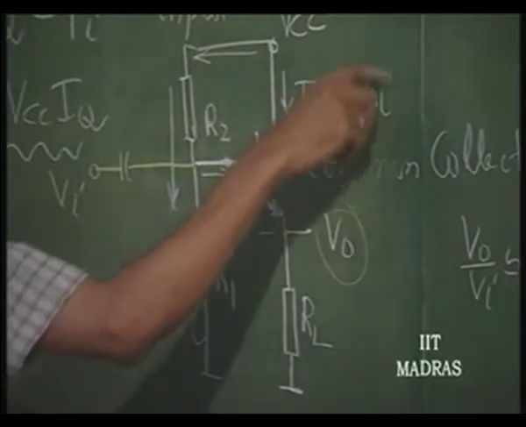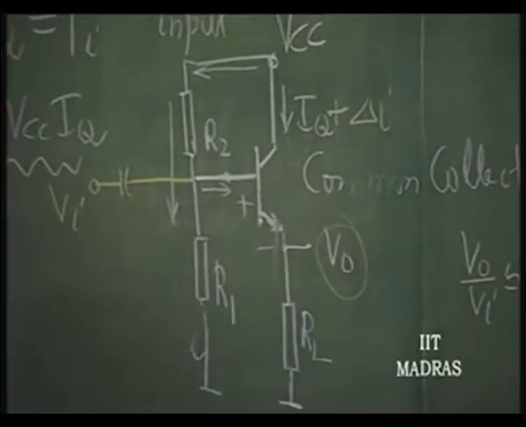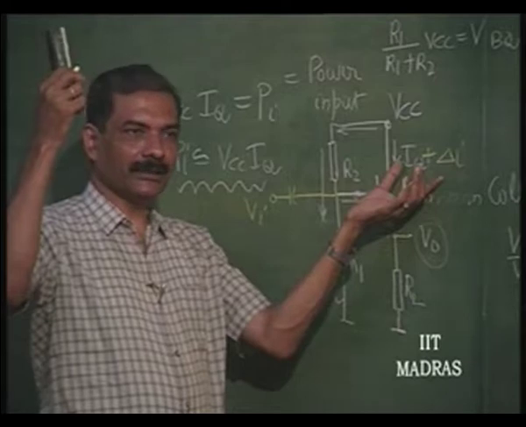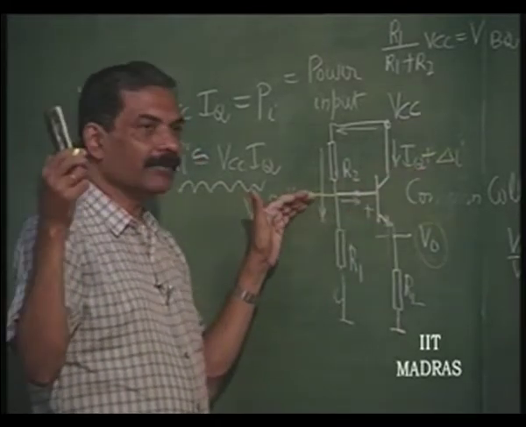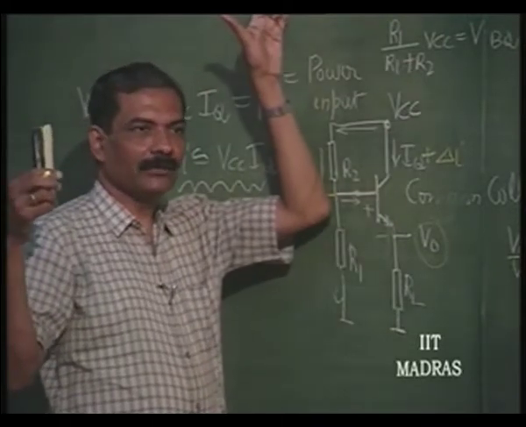So, this is going to be either equal to 0, or on the other side it can keep on increasing, there is no limit actually. As long as Vi keeps on increasing, this current can keep on increasing without any limit.